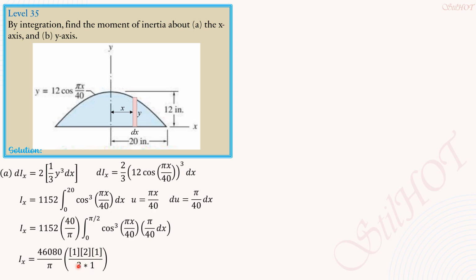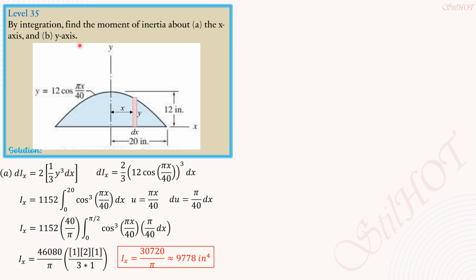Then here it is the sum of exponents, which is 3, decreased by 2, so the next entry is 1, then we stop at 1. So simplifying this result, Ix is equal to 3720 over pi, or that's approximately 9,778 inches to the fourth.